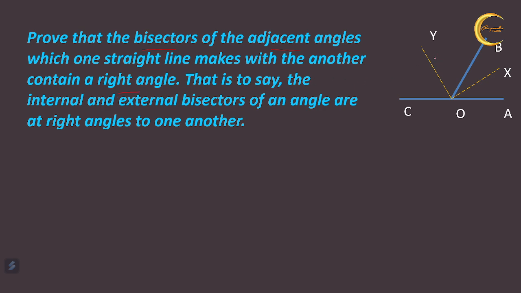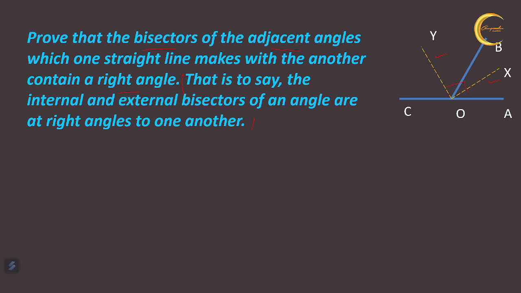This two straight lines contained with this straight line is a right angle or 90 degrees. Another way to say it is that the internal and external bisectors of an angle are at right angles to one another. So if our problem ends here, another problem starts here, but these two problems are similar.